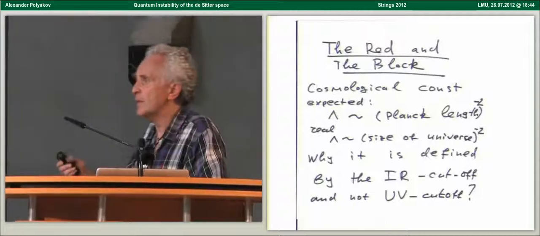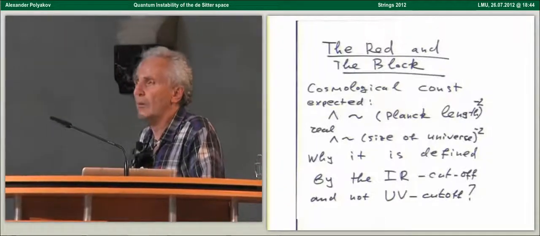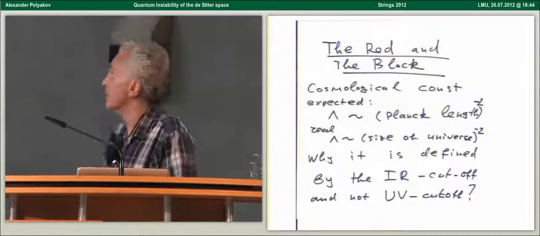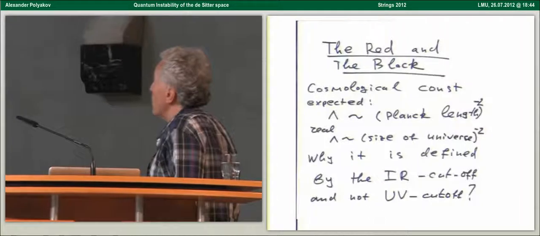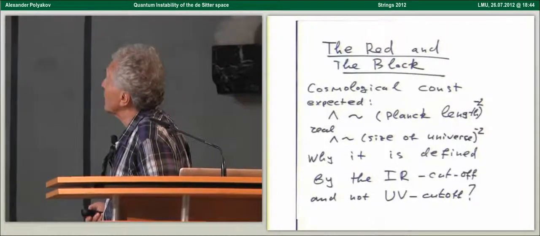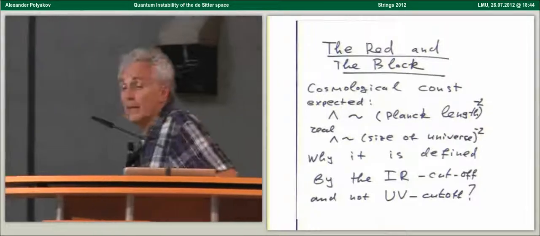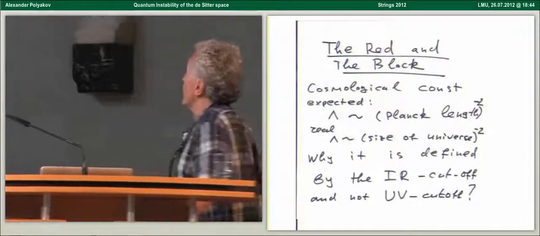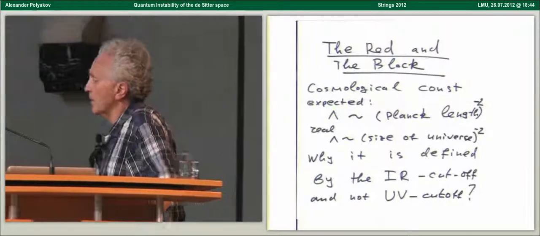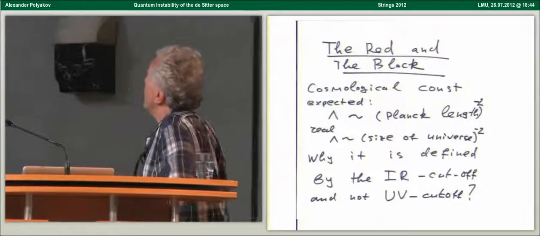The motivation for the studies which I will describe today comes from the problem of the cosmological constant. The problem can be formulated in the following way: one can say that the natural size of the cosmological constant is the Planck length to the power of minus 2.